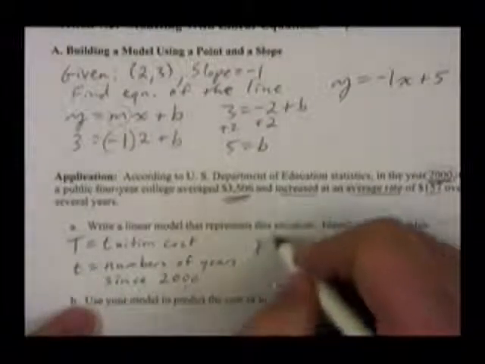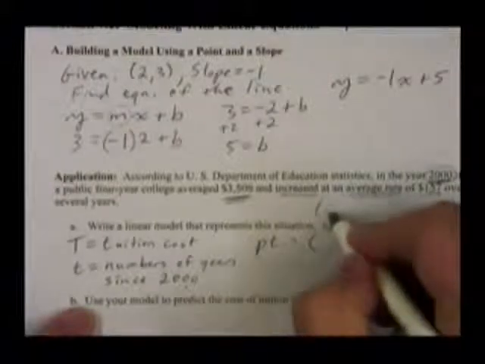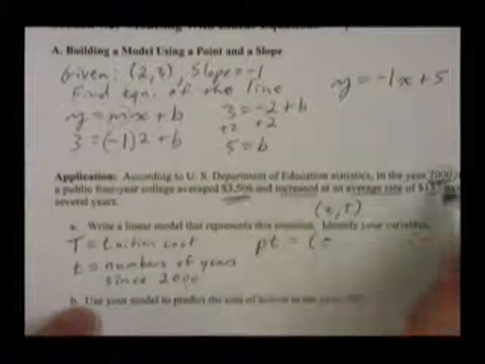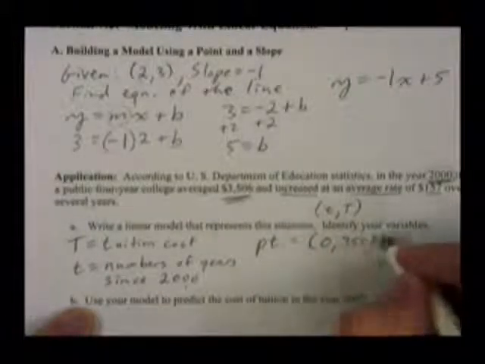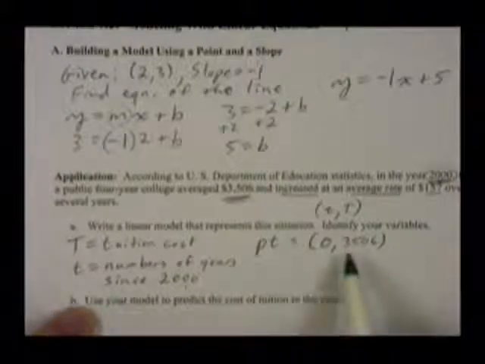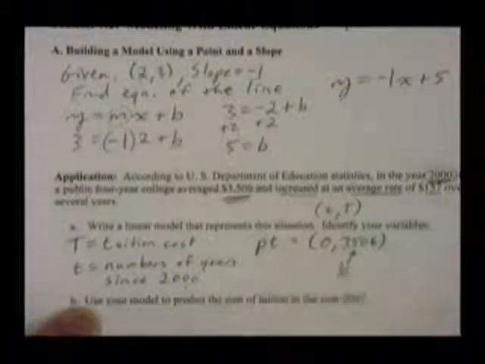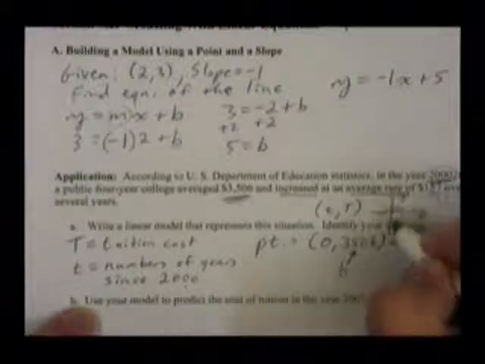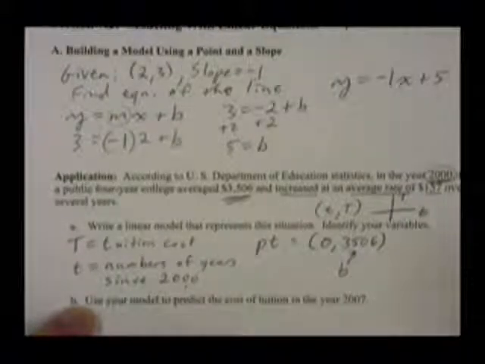In other words, it gives me a point: my time is 0 years since 2000, and a tuition value of 3,506. That's going to be my b value, because that's my y-intercept. If I look at my graph, I have little t and I have big T. Big T acts as my y, so this is where I'm hitting my y-axis.